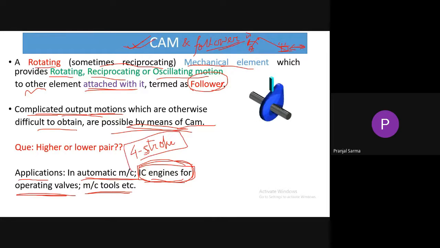Can anyone tell me the four strokes that are there? What are the different strokes that are there in a four-stroke engine? Who can tell me? What are the names of those four separate strokes?